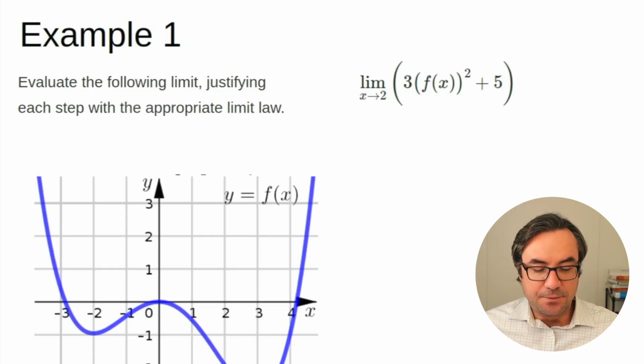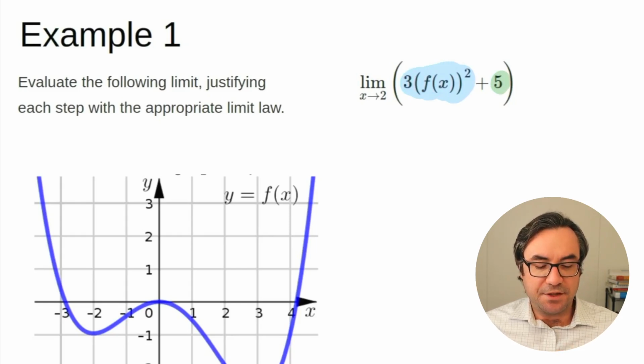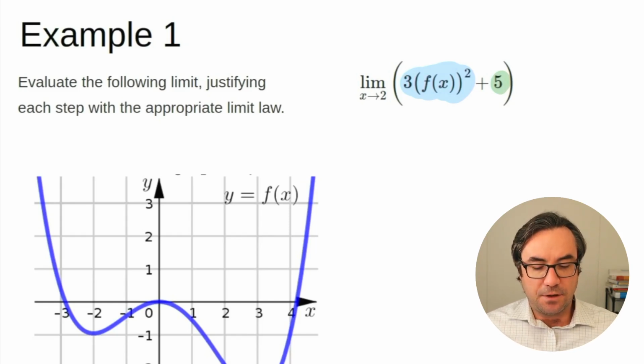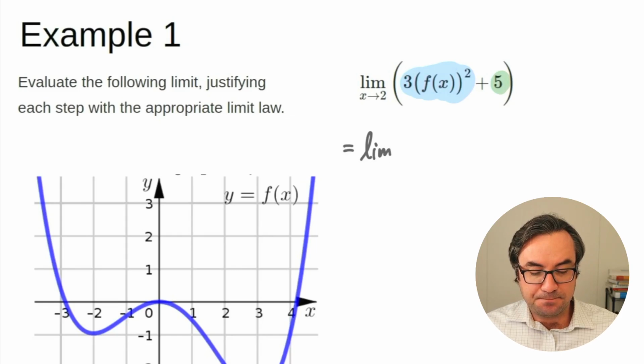So when I look at this, we got this piece, and then we got a plus 5 at the end. So we have this addition sign in the middle, so let's use our sum law for limits that allows us to break this apart into 2 separate limits based on where that plus sign is.